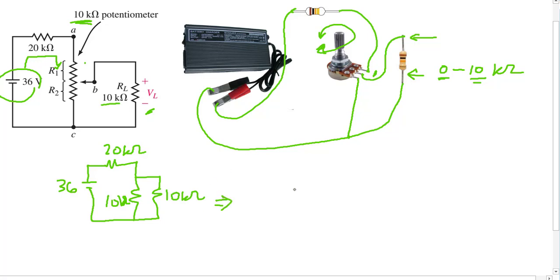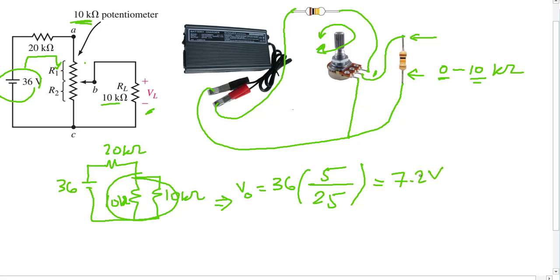This gives us 36 volts as source, while V out is going to be the voltage divider of these two together in parallel, so they are 5 kilo ohms of this circuit. So it is 36 times 5 over the total, which is 25, those two in parallel with this one in series, and the kilo ohms cancel each other, and we get 7.2 volts. Okay, so this is one value.